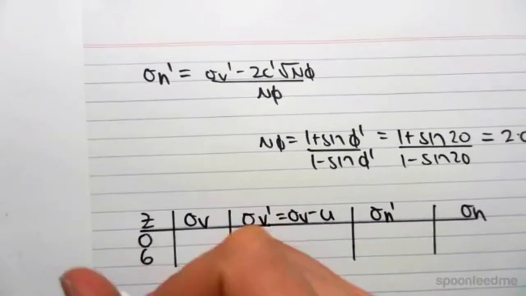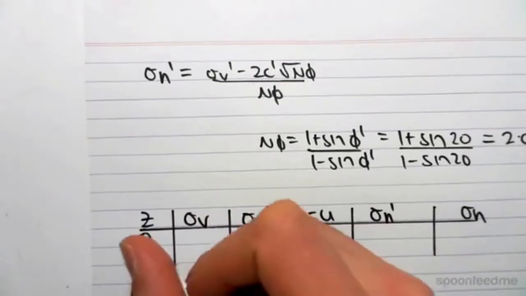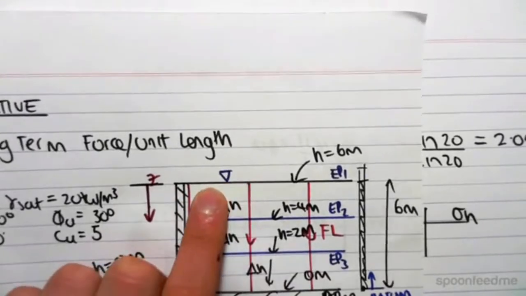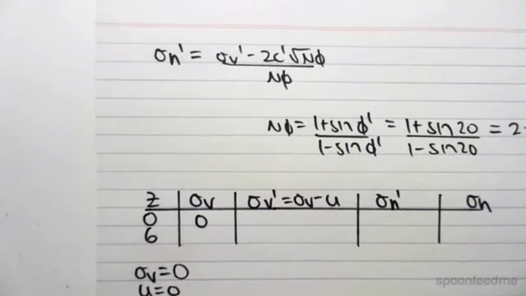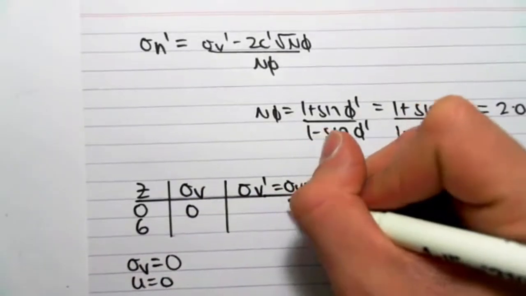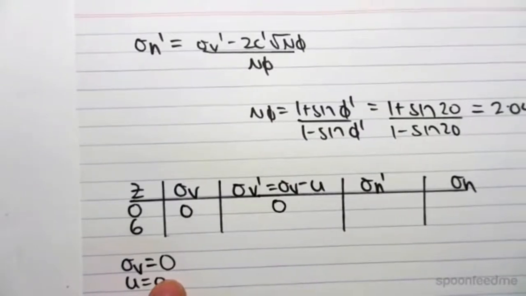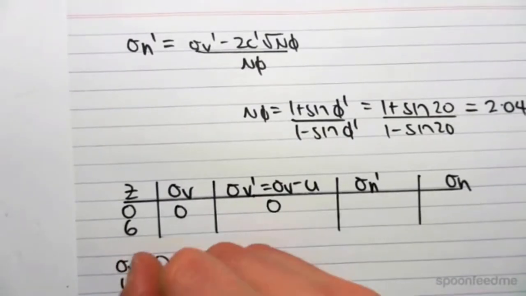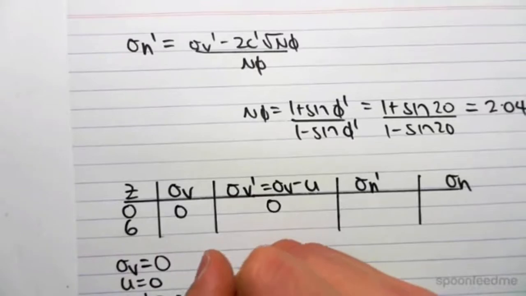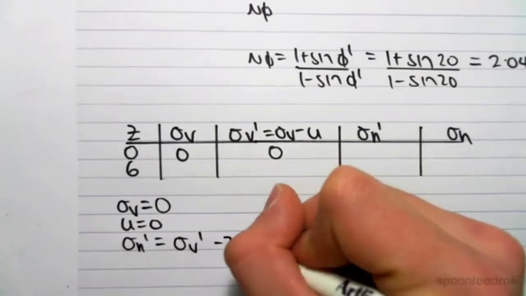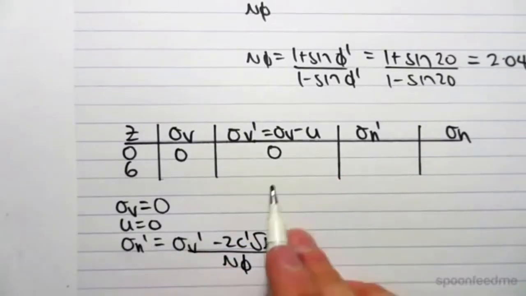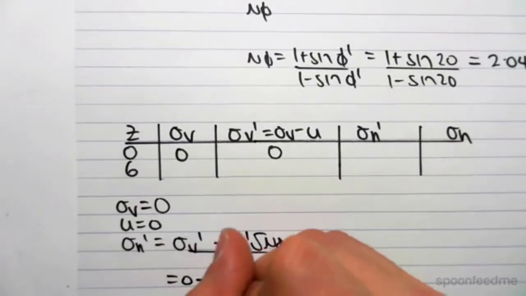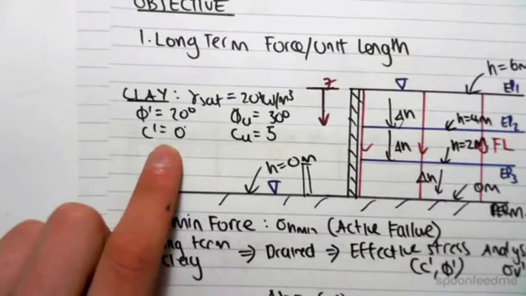Now, let's do this first row. Sigma V is obviously just going to be 0. There's no vertical stress at all at the top layer. We know that the pore water pressure everywhere is 0, which means that our effective stress will be 0 minus 0, so just 0. And then we can find sigma H dash. Sigma H dash equals sigma V dash minus 2C dash root N phi on N phi. We found sigma V dash to be 0, so this is equal to 0 minus, and also C dash is 0.